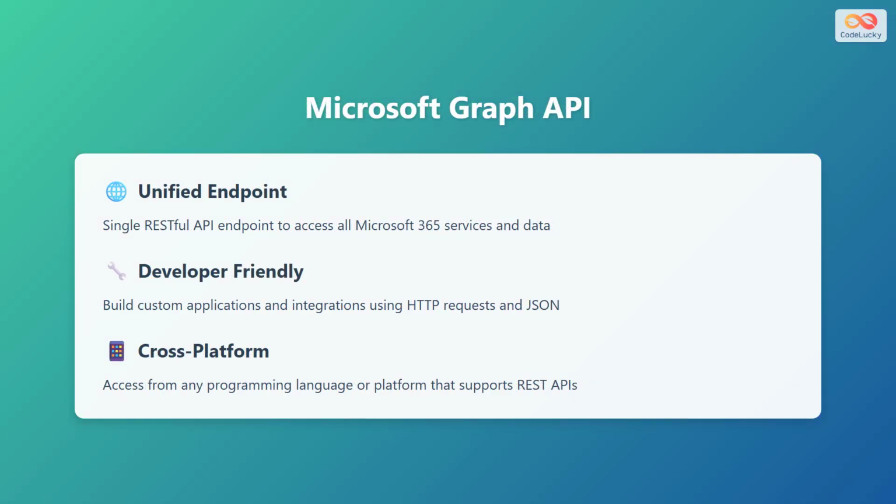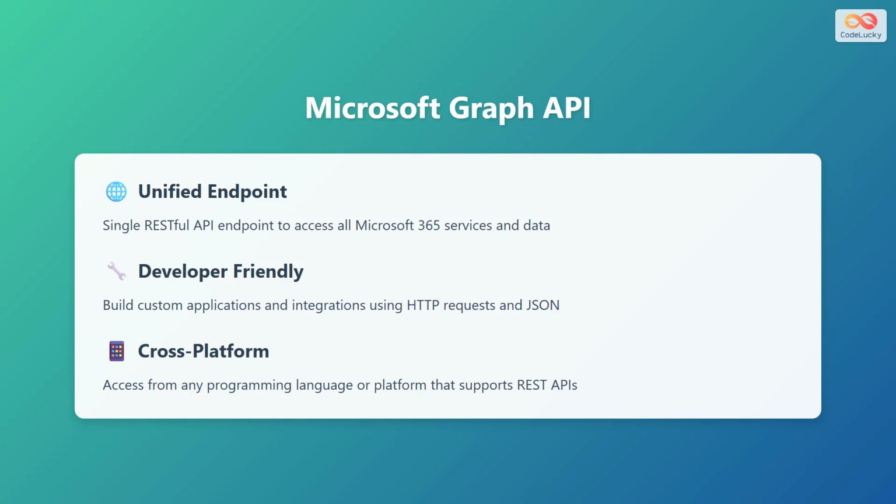The Microsoft Graph API represents the most flexible and developer-friendly approach to Office 365 automation. It provides a unified RESTful API endpoint that gives you access to all Microsoft 365 services and data through a single interface. Graph API is developer-friendly because it uses standard HTTP requests and JSON formatting, making it easy to work with from any programming language.